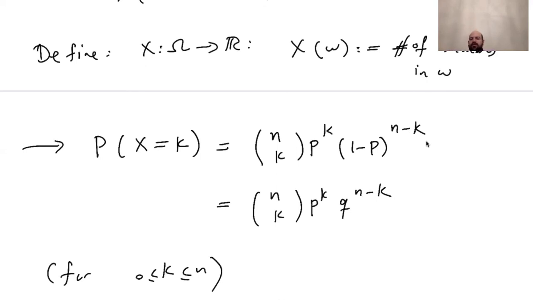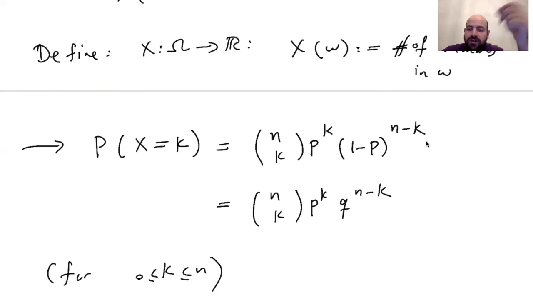Okay, so if you want to have K successes, well, each success happens with probability P. First of all, we have N trials in total. So if you want to have K successes, we first choose the locations of those K successes. It could be first and second, and let's say fifth. So we have to choose K locations out of the N locations that we have in total.